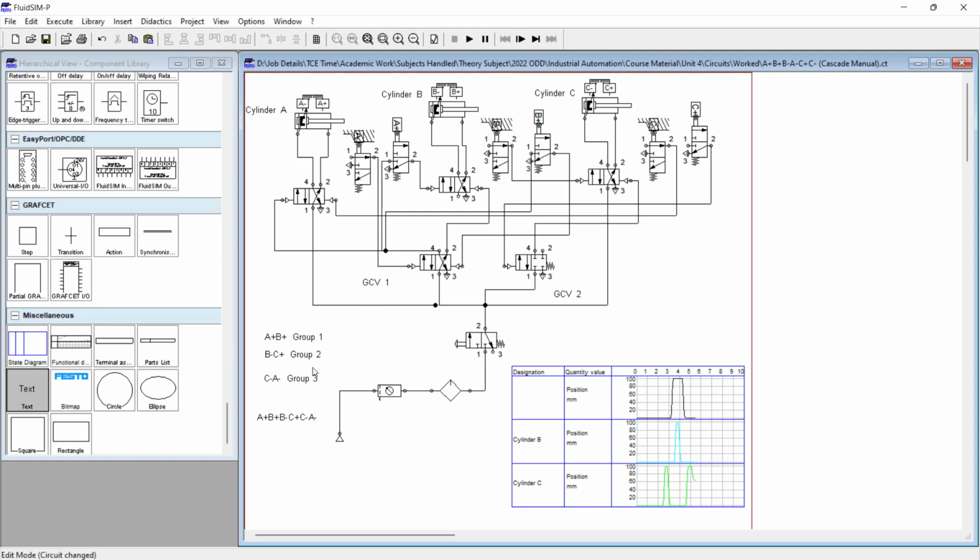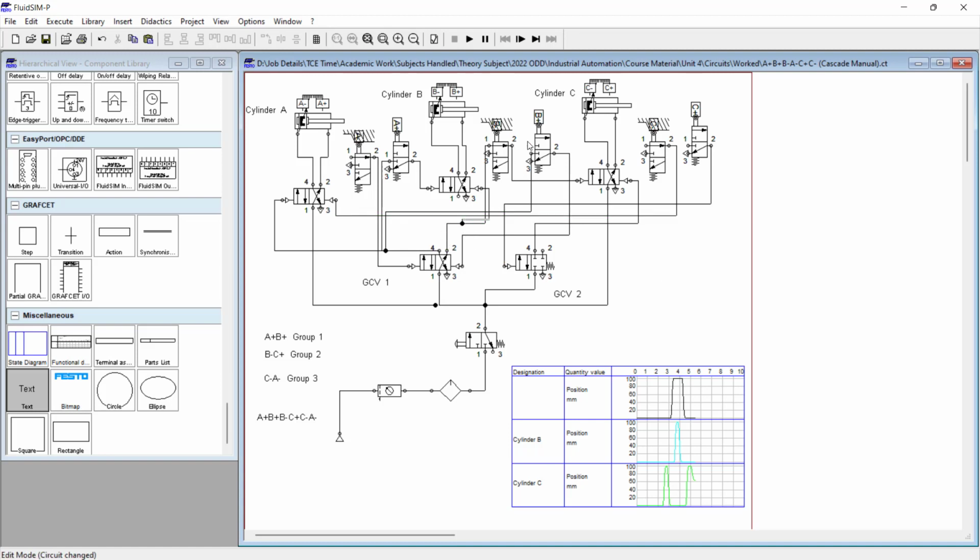Similarly, B minus and C plus will receive power from power line 2. This will be power line 2.